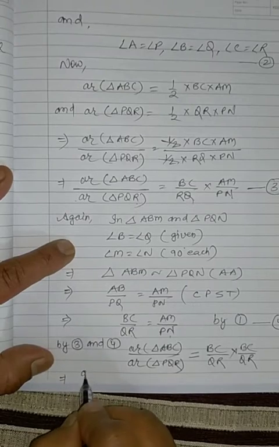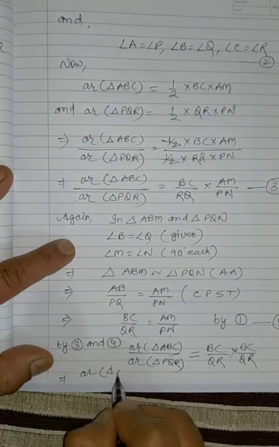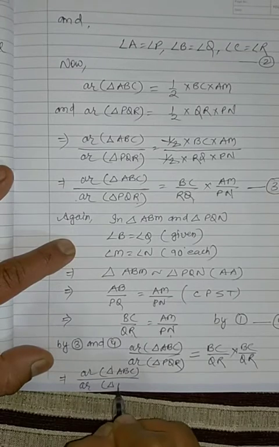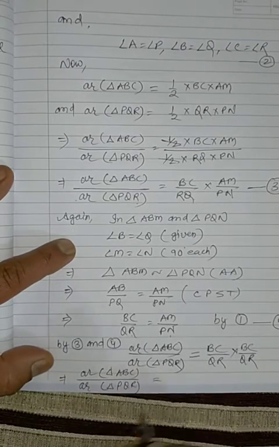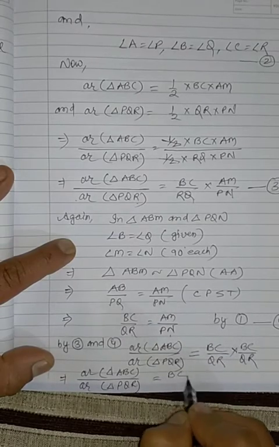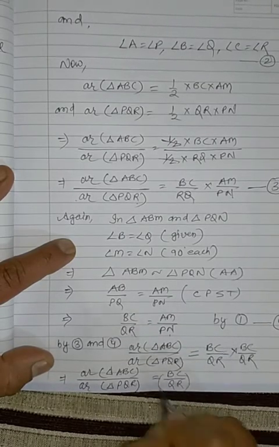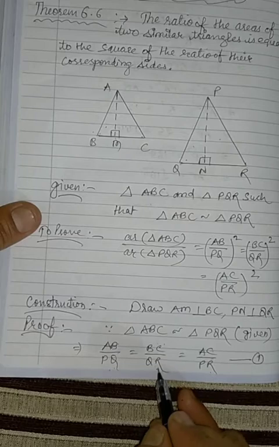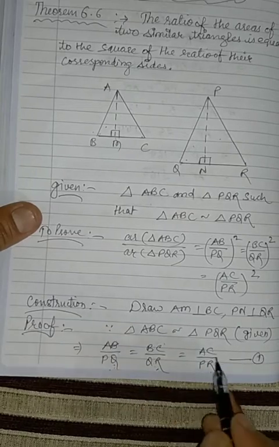That implies area of triangle ABC upon area of triangle PQR is equal to BC upon QR into BC upon QR, which is BC upon QR whole square. And also BC upon QR is equal to AB upon PQ and AC upon PR.